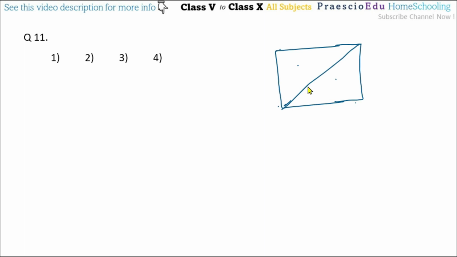If the quadrilateral is formed by joining the 2 triangles, how many vertices will it have? There are only 1, 2, 3 and 4 vertices, because these are joined triangles. These 2 vertices overlap at one point, so they are counted as only one. So this 4 is given in option number 2. Thank you.